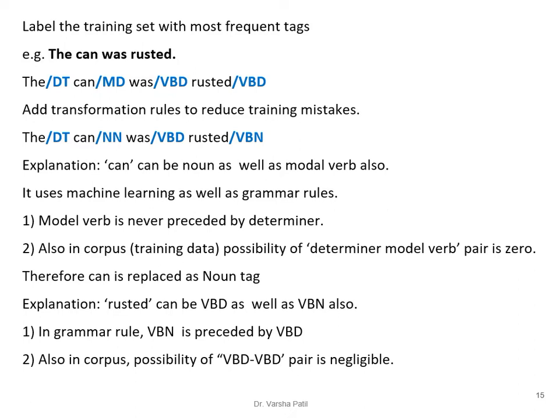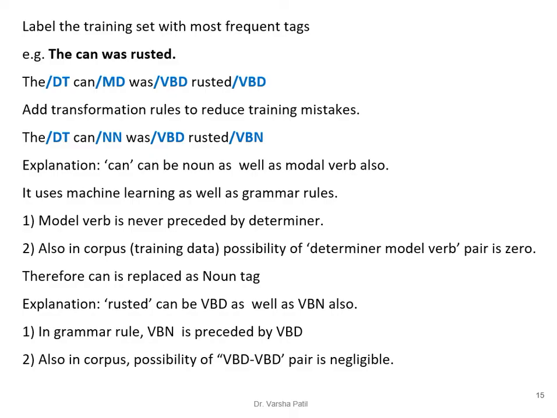Also in the corpus, the probability of a determiner-modal verb pair is 0. So this is very important. Even in the rule it is there that a modal verb is never preceded by a determiner. Also when they look at a corpus, for example the Brown corpus, in the training data set the pair determiner-modal verb will be 0. Therefore it can be replaced by the noun tag.